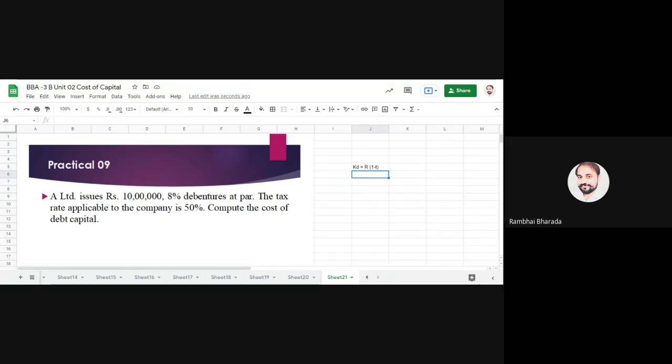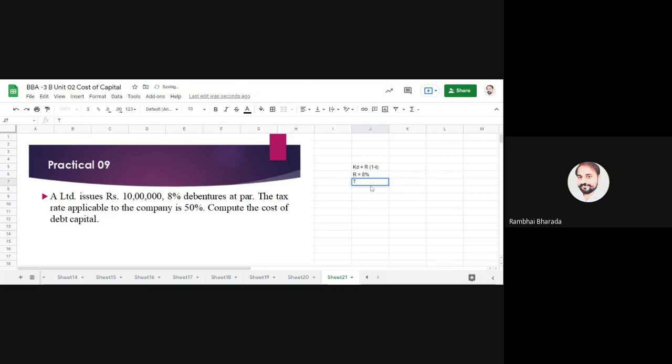The tax rate applicable to the company is 50%. Calculate the cost of debt capital. Here, see how many percent debentures are there? 8%. So here R is equal to 8%.